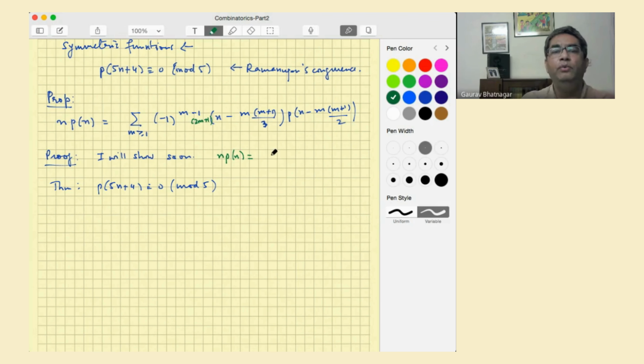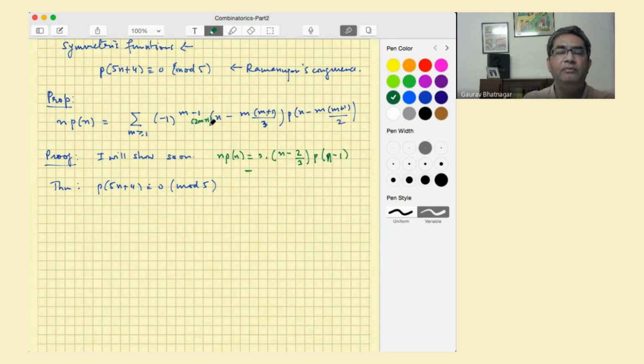So for m equal to 1, I get a term, minus 1 raised to 0, 3 times p(n minus 1·2/3).